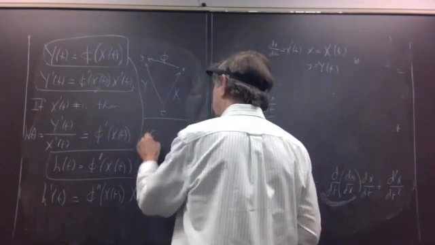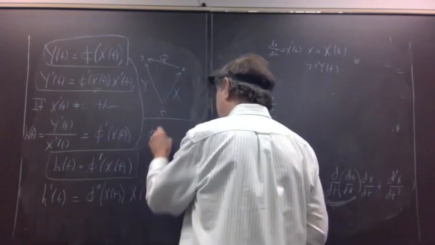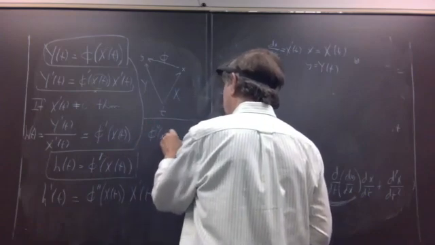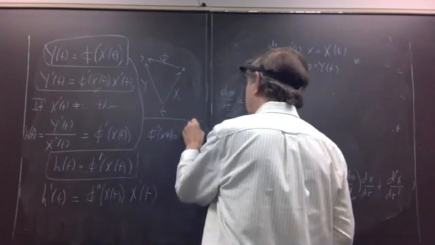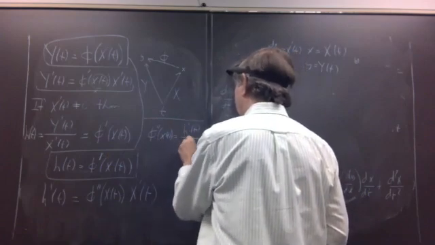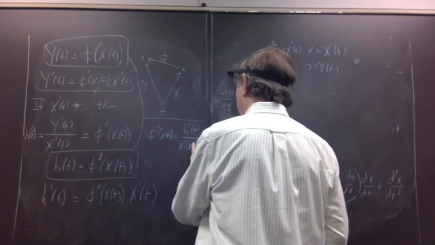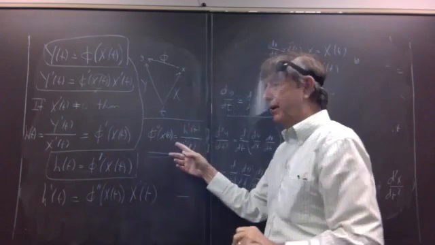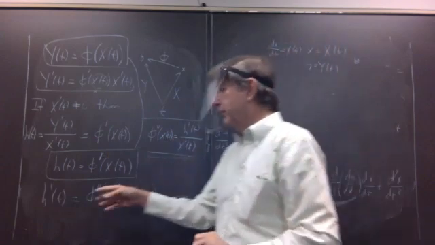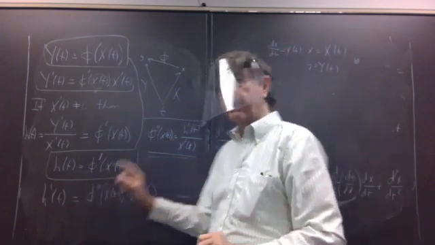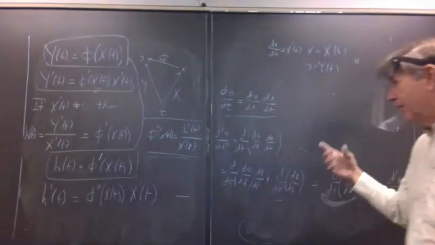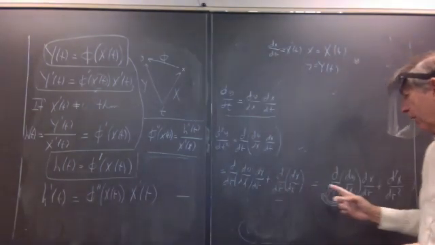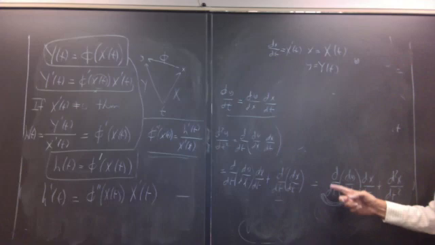The second derivative of phi at x of t is equal to the derivative of h divided by the derivative of x. Now, I contend this is easy to understand because all I did was do the chain rule again. Over here, you have to do the chain rule on this thing; it just doesn't look like a chain rule.